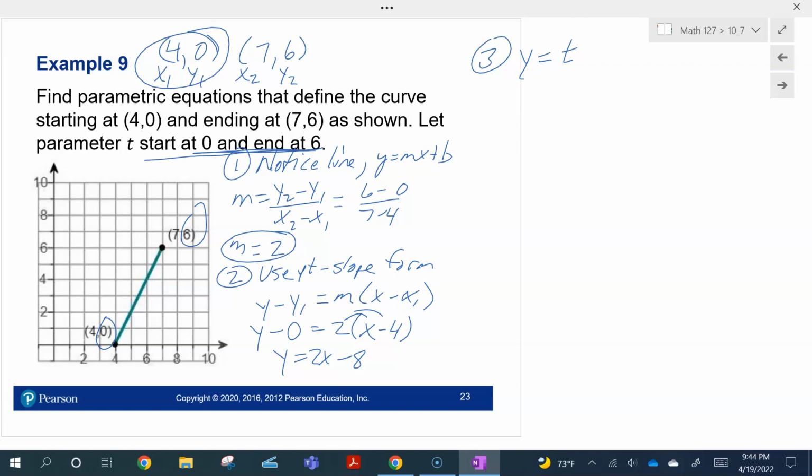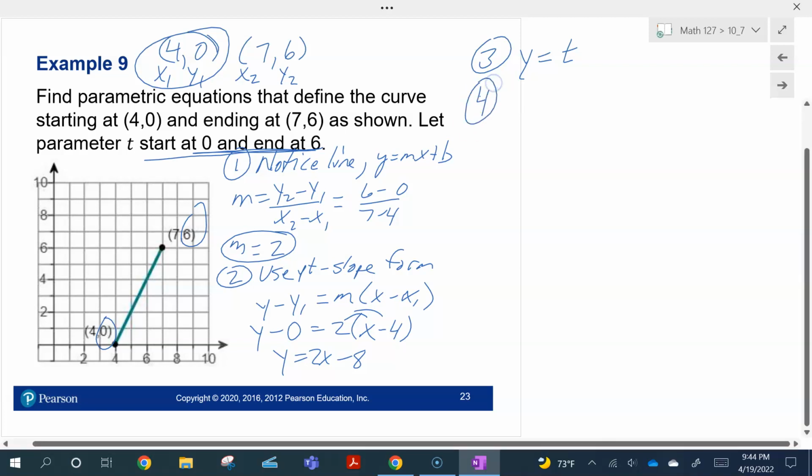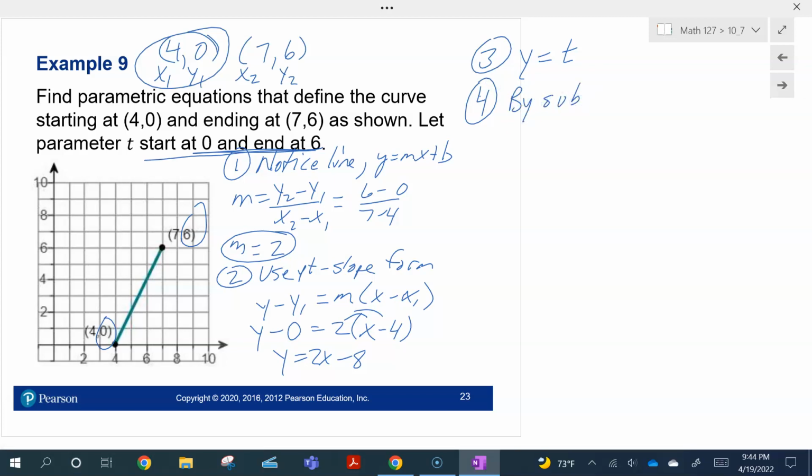Now that I know that, by substitution, I have y equals 2x minus 8, and y is equal to t. So t equals 2x minus 8.